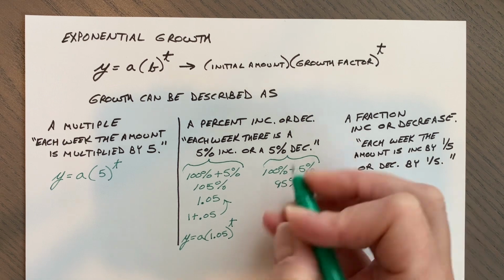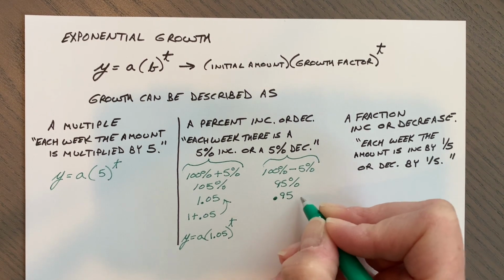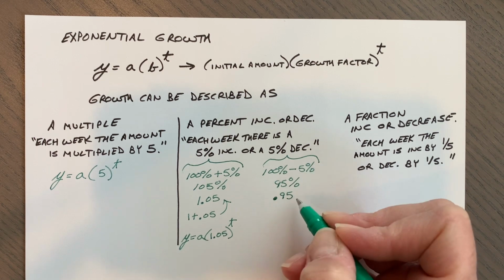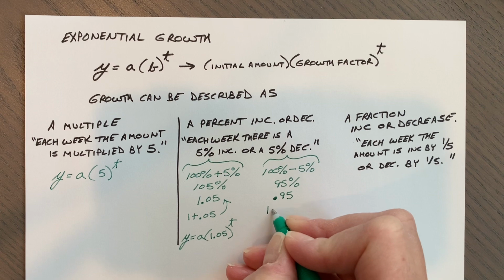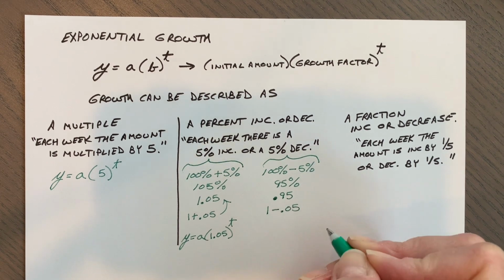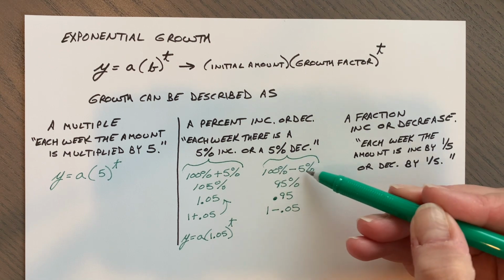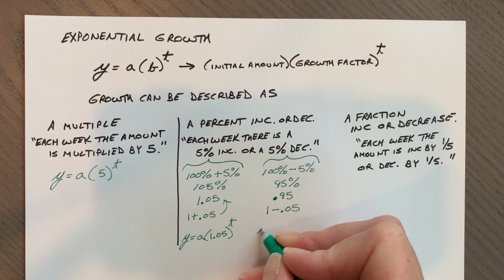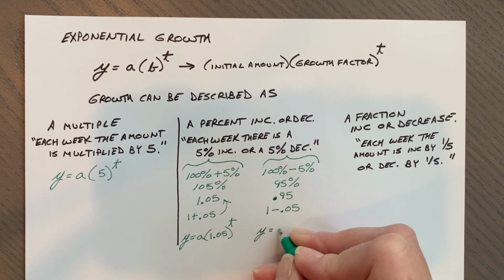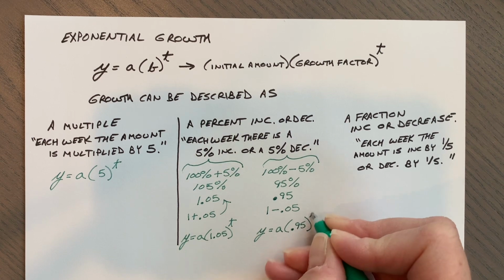Well, that is 0.95 in its decimal form, and we're always going to use the decimal form when we're working in our equations. Now, you've also seen this written as 1 minus 0.05, right? So that's just the decimal form of 100% minus 5%. So if I were to write my formula here, I would have y is the initial amount times 0.95 raised to the t.